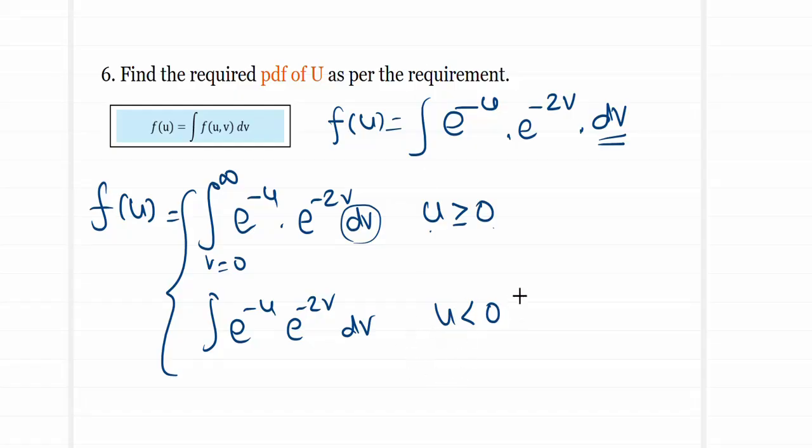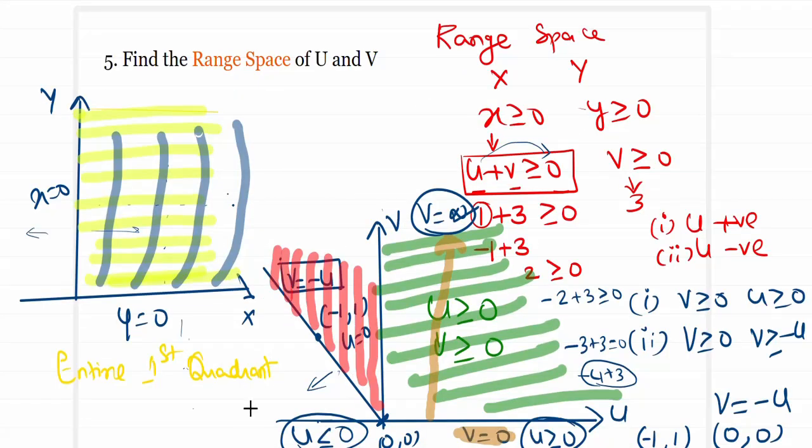Now when u is negative, let us come to the second portion. When u is negative, this is going to be my case. This line is called v equal to minus u. Now when I draw a strip, it moves from the lower end of v to the upper end. My lower limit is v equal to minus u, and the upper limit is v equal to infinity.